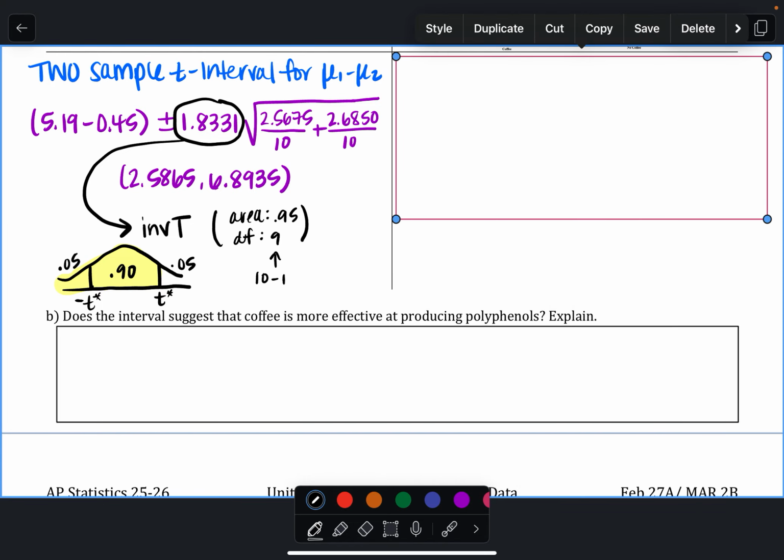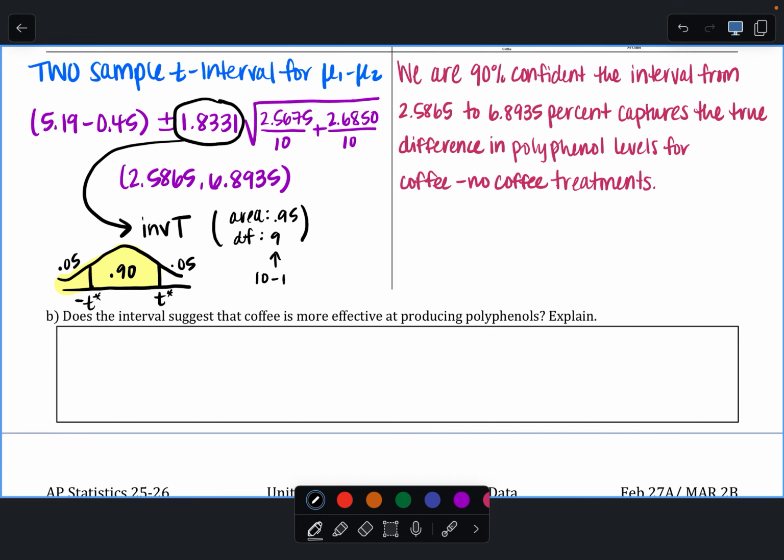And don't worry about having to write down the steps. I have a whole table at the very end that summarizes all of the calculator stuff. Same sentence. We are 90% confident the interval from 2.5865 to 6.8935. I try to include a unit when I can.